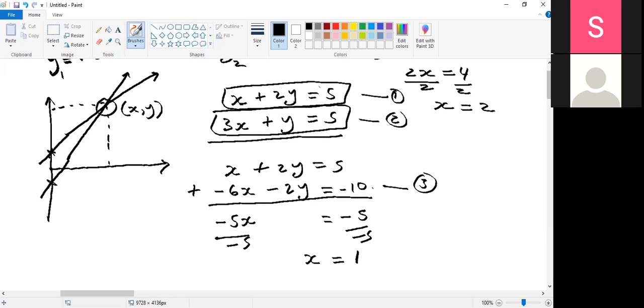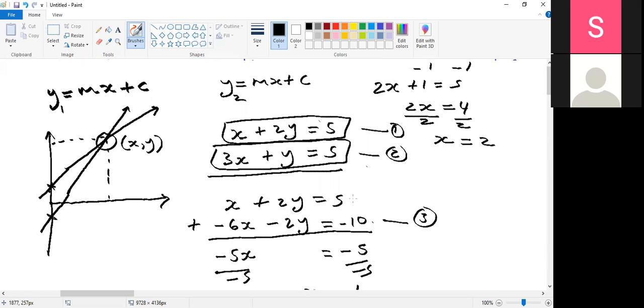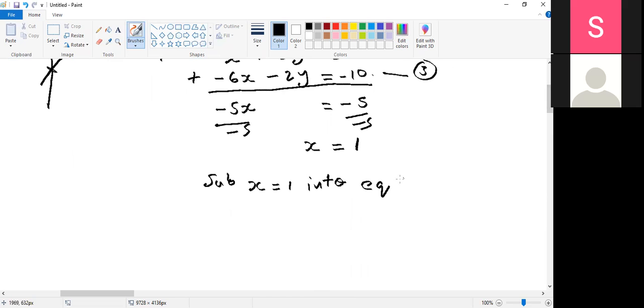So we can say, all right, let us substitute x equal 1 into equation 1. So equation 1 is the top equation, which is this one here, the same thing, into equation 1.